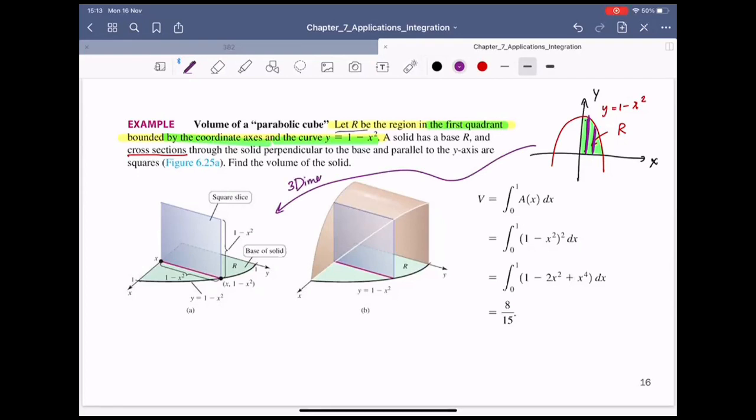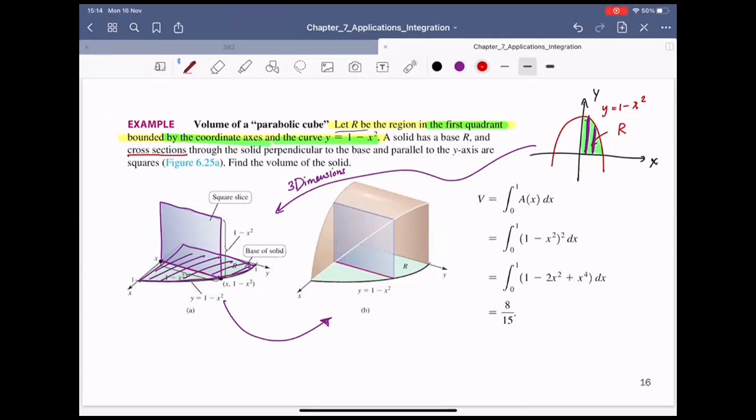If you look at the 3D picture, it's going to be like that in three dimensions. You can see I have the parabola here on the base, and every time I cut parallel to the y-axis, I am going to have a square. If I do that for every x value, I get the solid. Does it make sense? On the exam, you are not required to draw a picture.